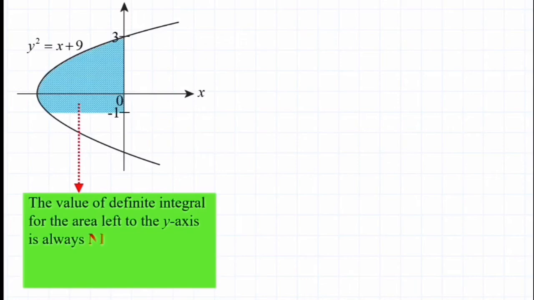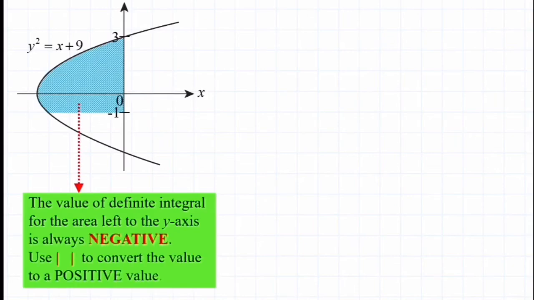Okay, please pay attention. If the area is to the left of the y-axis, then the value will be negative. So you have to use a modulus to make it positive. Okay, so this is special. So whenever the area is shaded to the left of the y-axis it is negative, to the right of the y-axis it is positive. So now we want to integrate from -1 to 3.